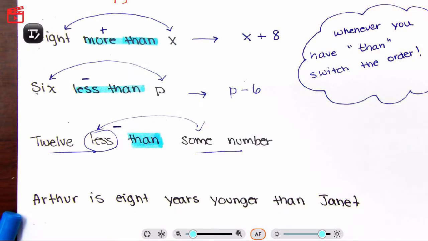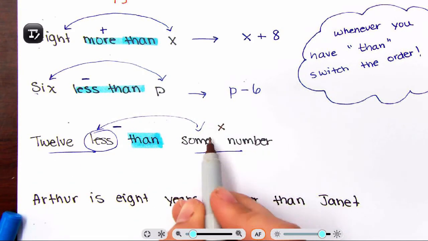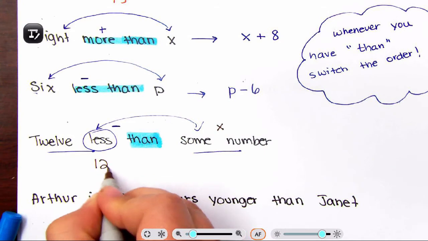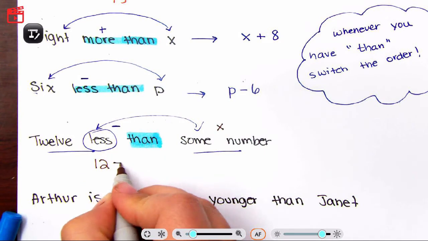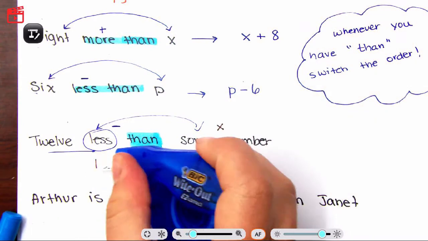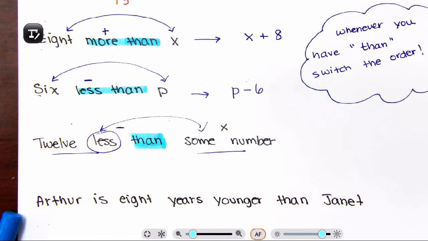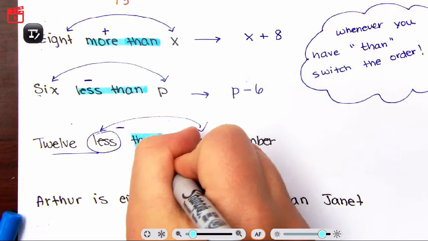And usually you guys like x, so I'm going to stick with x. So I have 12 less than some number. So some number has to be first. Less, I know that I'm going to be minusing, and I know that it's going to be, whoa, do you guys see how I made that mistake? Some number, not 12, some number is x. I'm going to say x minus 12.